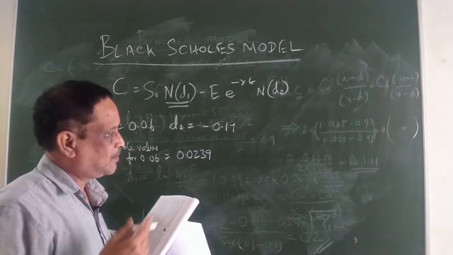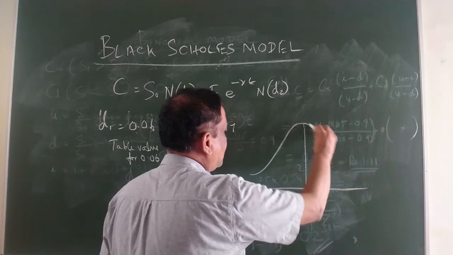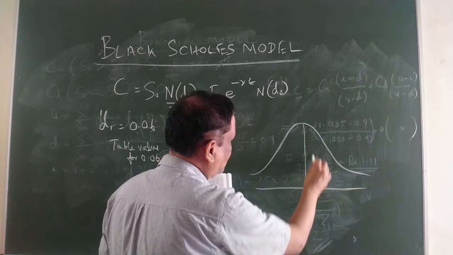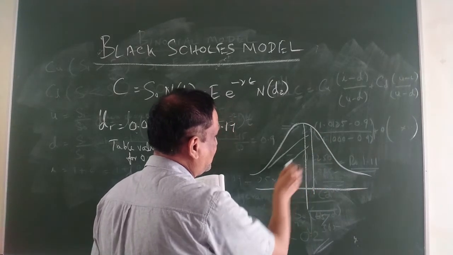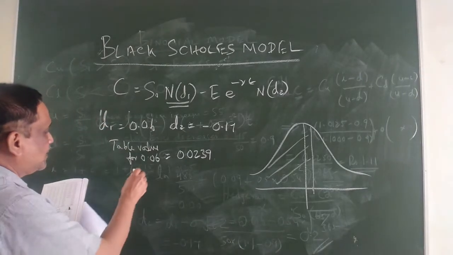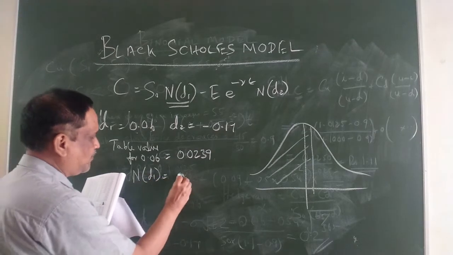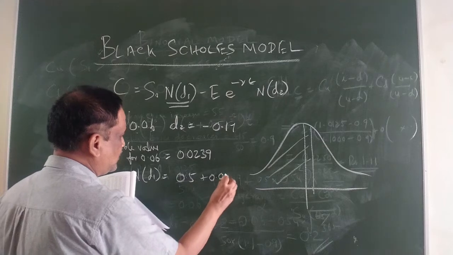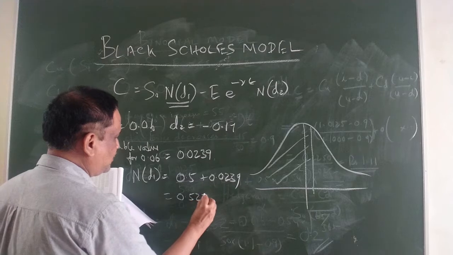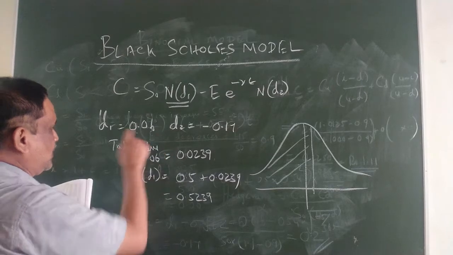That is based on the normal distribution graph, where this value pertains to this area, and we need to take the full area. So we are adding 0.5. So N of d1 will be 0.5 plus 0.0239, which is 0.5239.